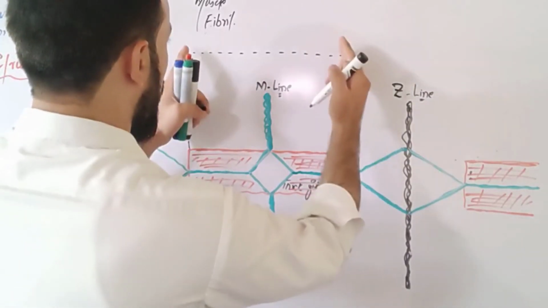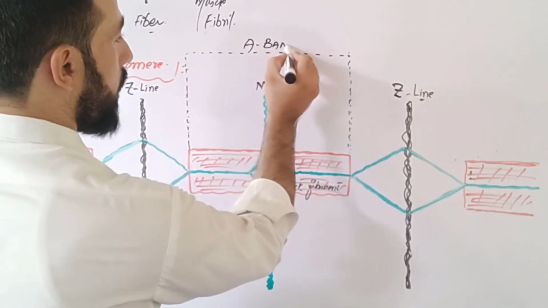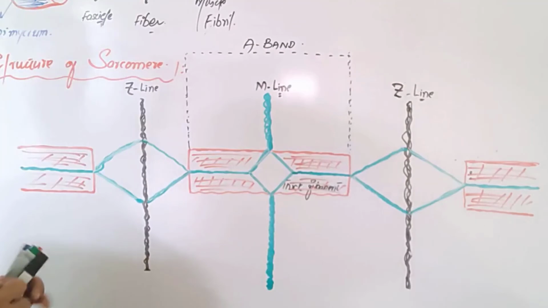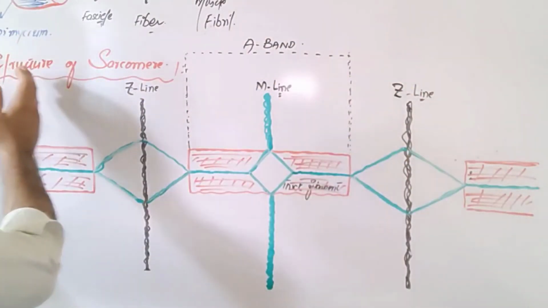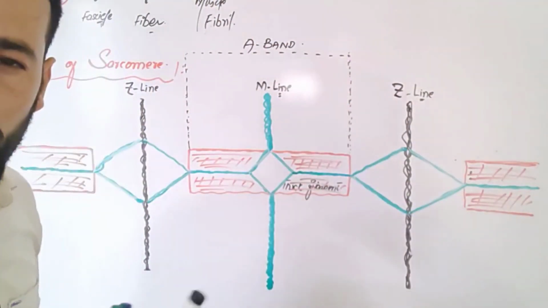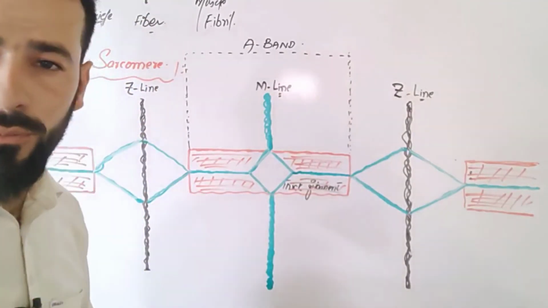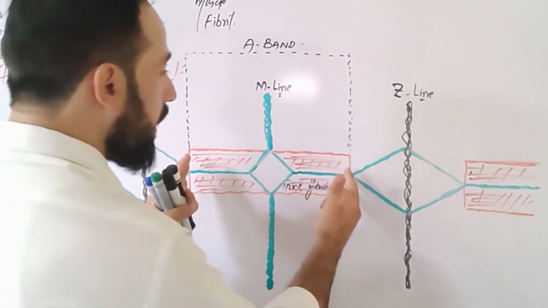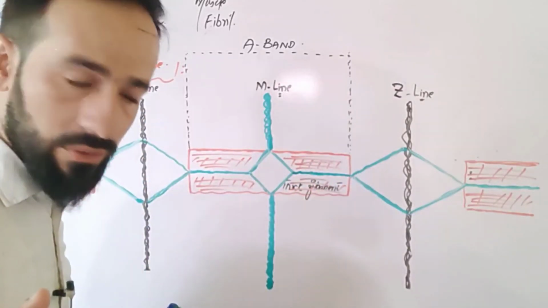If you go up, this is called the A band, and what is meant by A, I will tell you later, right. So this is our A band. Here is another A band, here is another A band, and all the A bands are present and are supported with each other, right. So what is the A band in a sarcomere? The A band is the area where the thick filament is present, right.